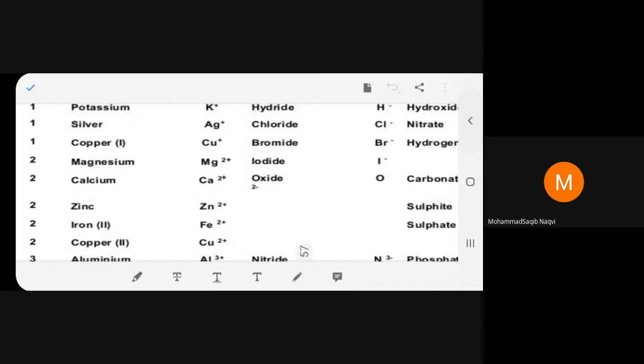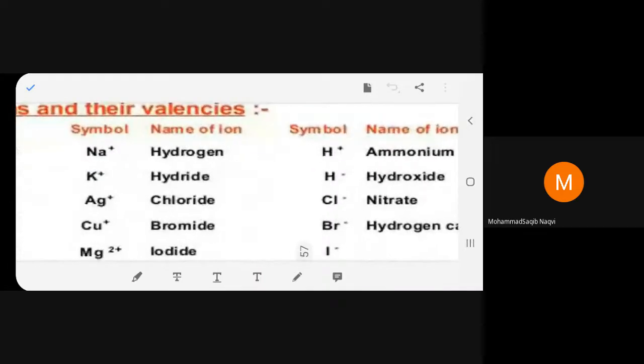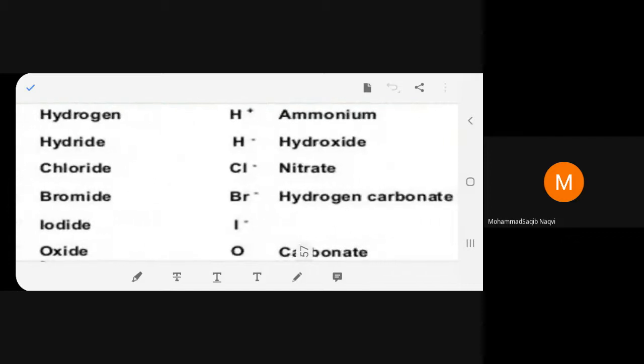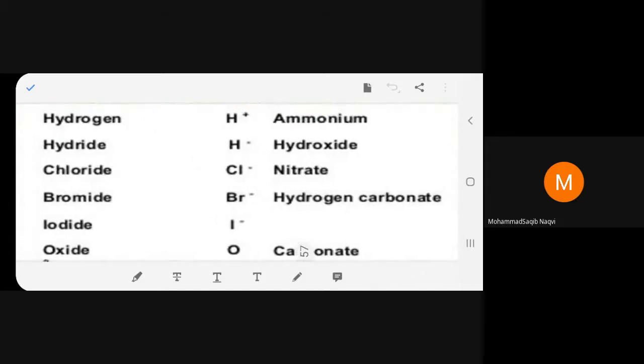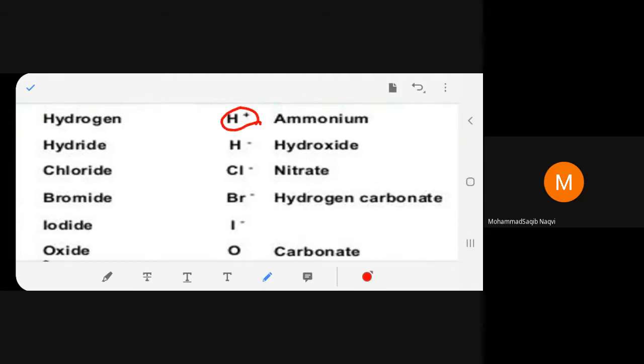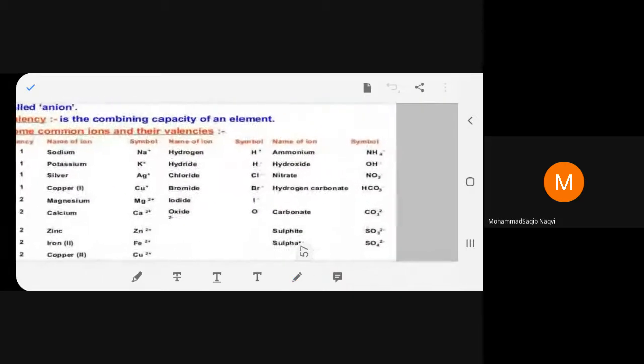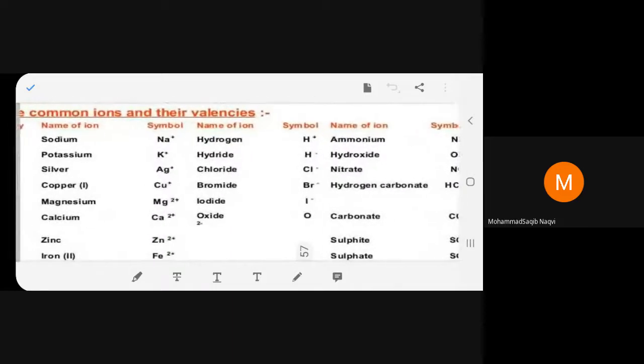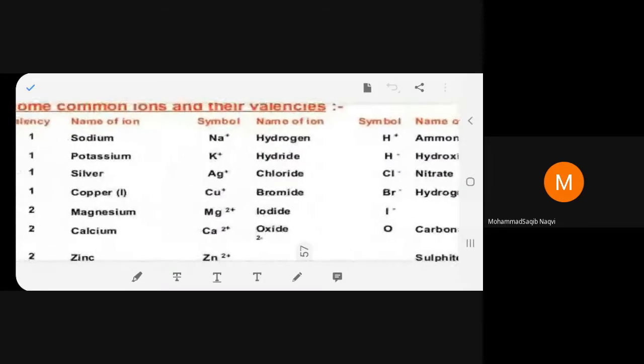Okay? Now we come to hydrogen. It is H plus. So what is it? Valency is 1. I'll show you like this so it will become easy for you.